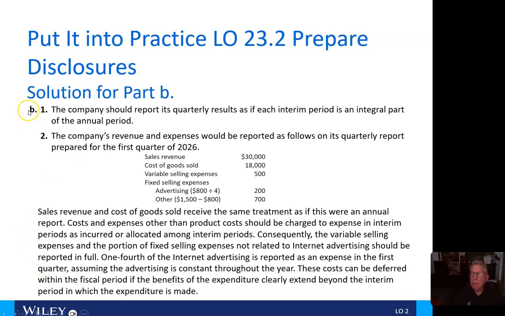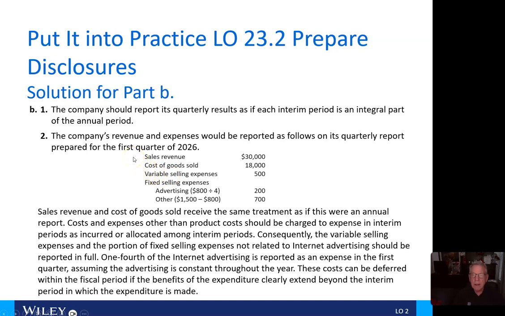For Bravo, the company should report its quarterly results as if each interim period is an integral part of the annual period. Number 2, the company's revenue and expenses would be reported as follows on the quarterly report prepared for the first quarter of 2026.